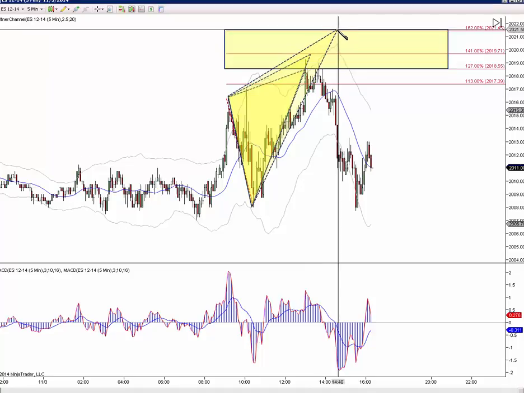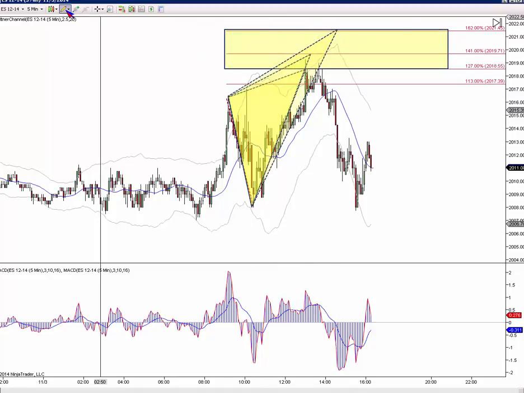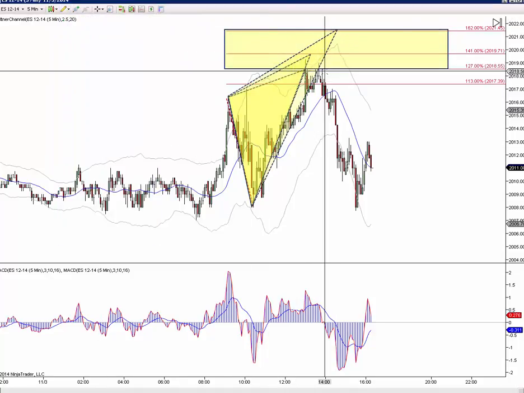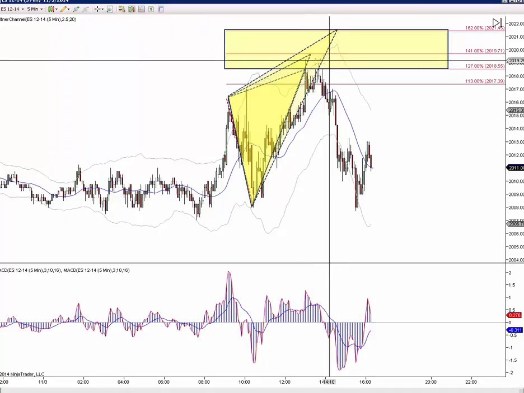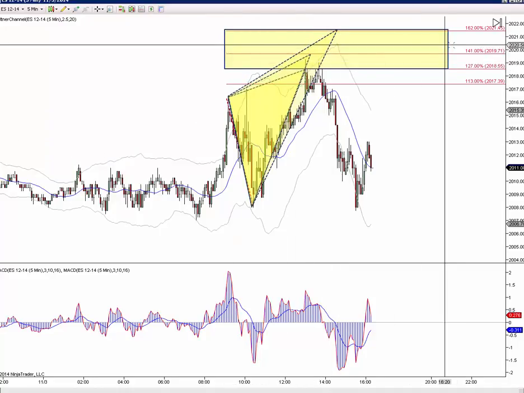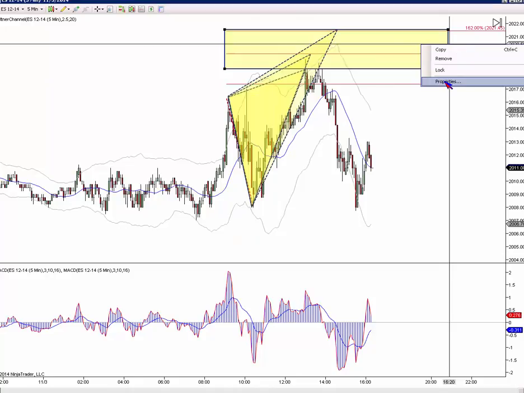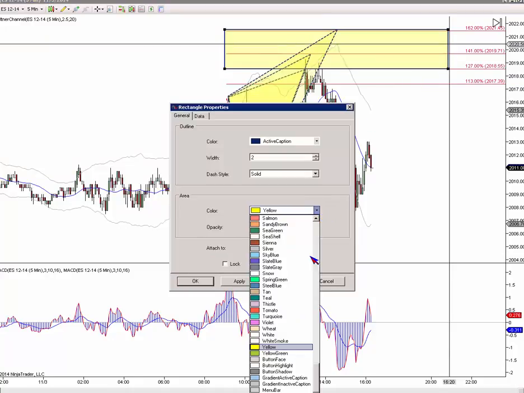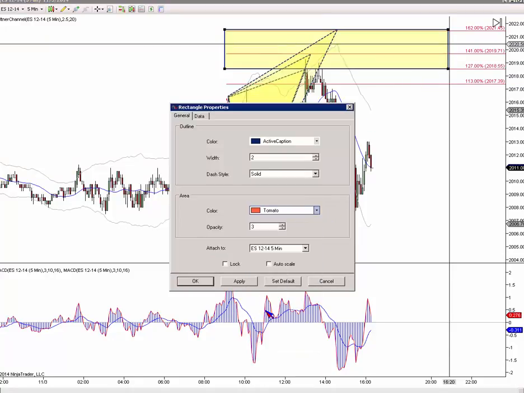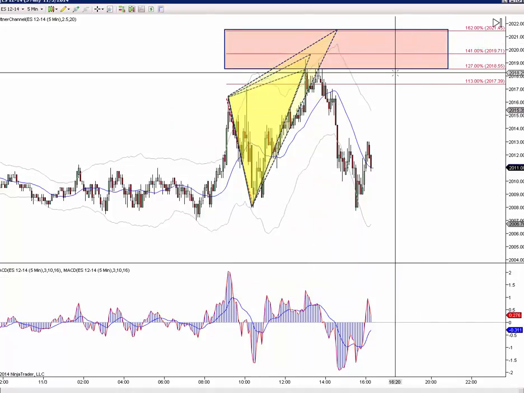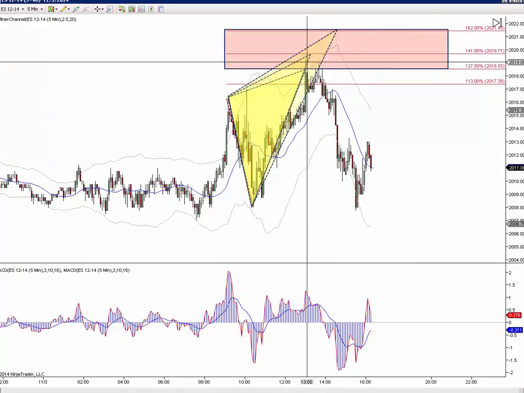So this is what we looked at last night in our opening play video, and that set the stage for key resistance. So if we color this area a little differently, all right, tomato. It's tomato colored. So how did this play out?